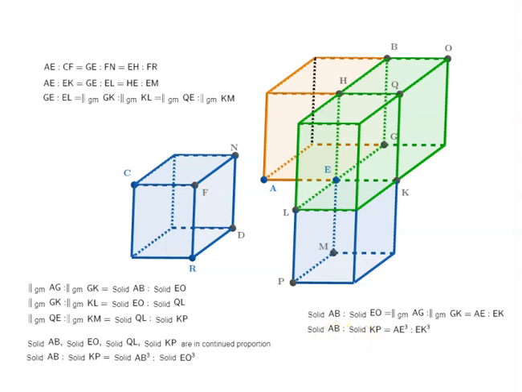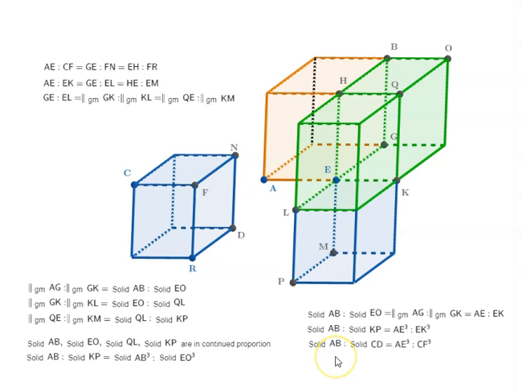So we have shown that solid AB and solid KP are in the triplicate ratio of their corresponding sides. But remember, EK is equal to CF and the solid KP is equal to solid CD, which means solid AB is to solid CD as AE cube is to CF cube.